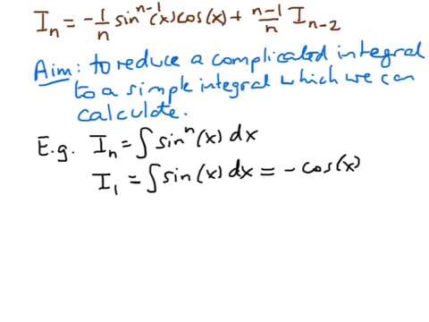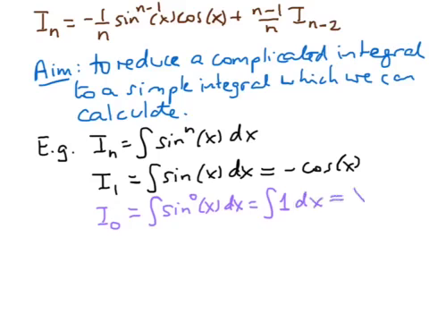And the other case that's also rather straightforward of this particular type of integral is I sub 0. I sub 0 is the integral of sine to the naught of x with respect to x, and that means it is the integral of 1 with respect to x, and that just means it is equal to x plus, let's be explicit here, an integration constant.